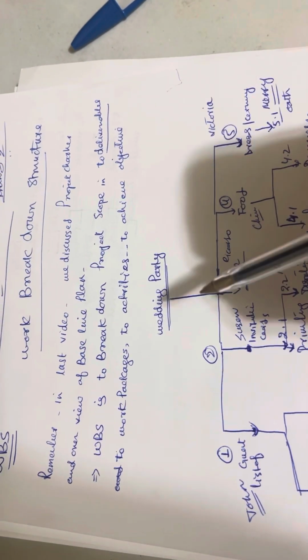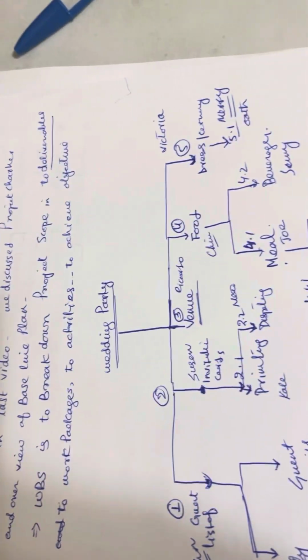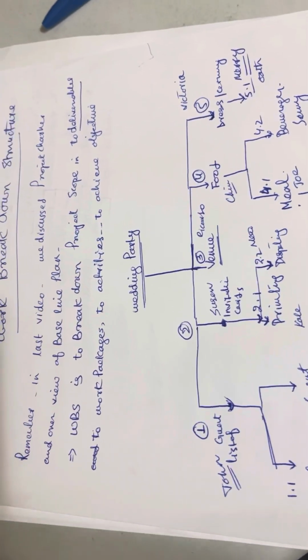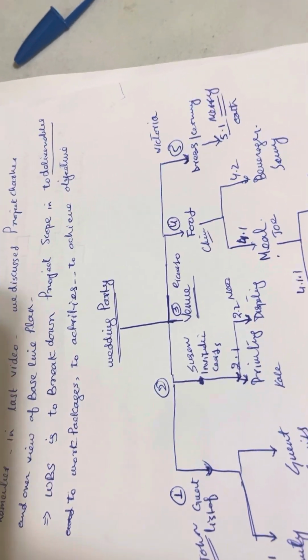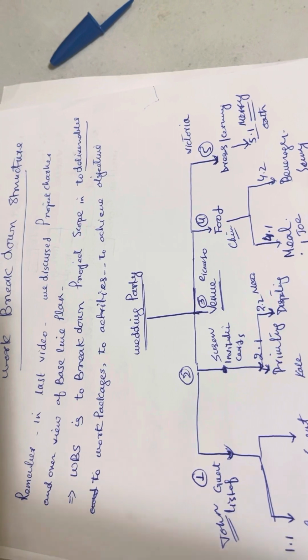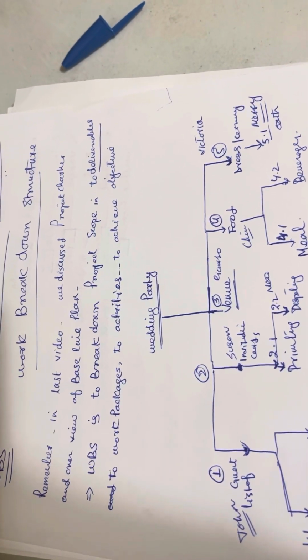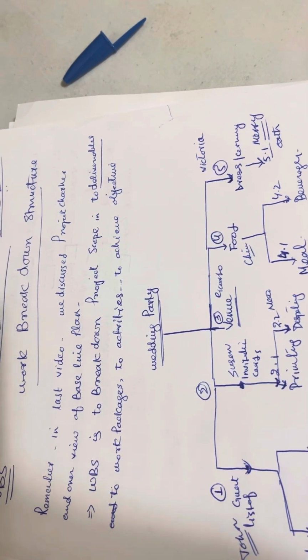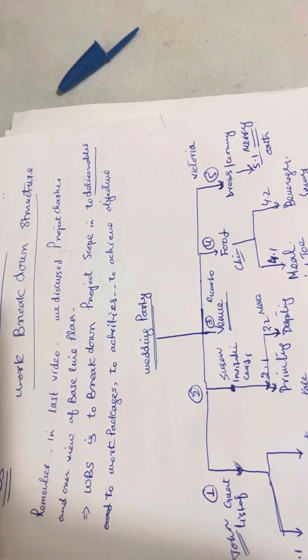The scope of our project is to organize a wedding party. So let's say we need a venue where we can arrange the wedding party, and we need the list of the guests which we have to invite, how many guests we will invite.